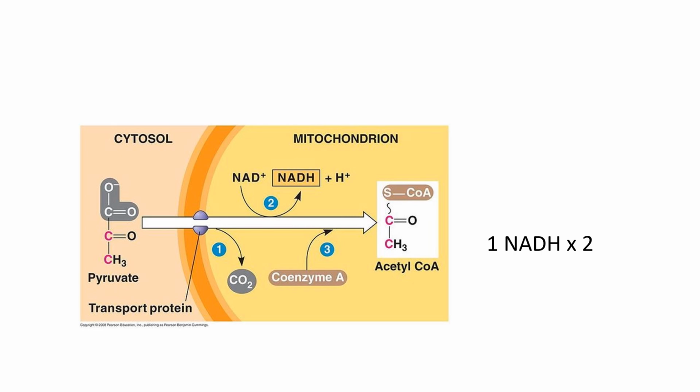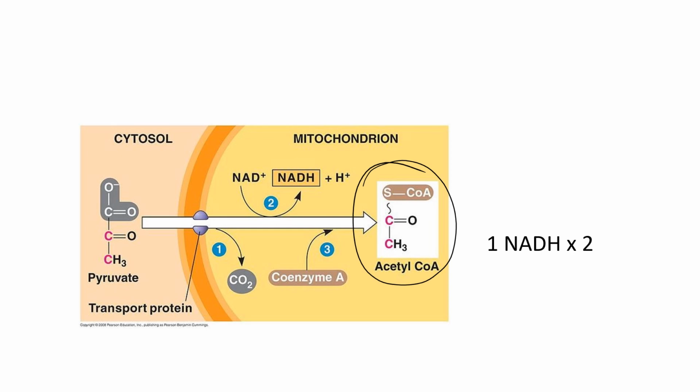So here is this image of pyruvate being shuttled into the mitochondria. And you think, what happens to pyruvate once it's in the mitochondria? Well, pyruvate gets converted by an enzyme called pyruvate dehydrogenase into acetyl-CoA.